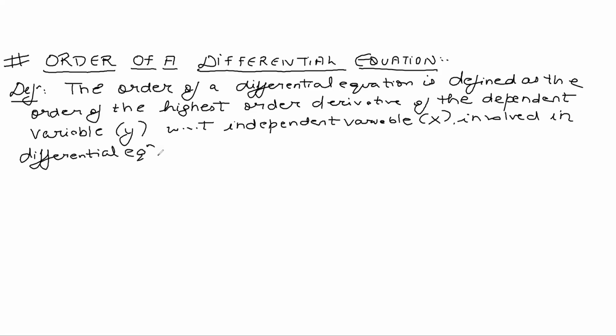So guys, this is the definition of order. Order of a differential equation is given by the order of the highest order derivative of the dependent variable with respect to the independent variable involved in the differential equation.